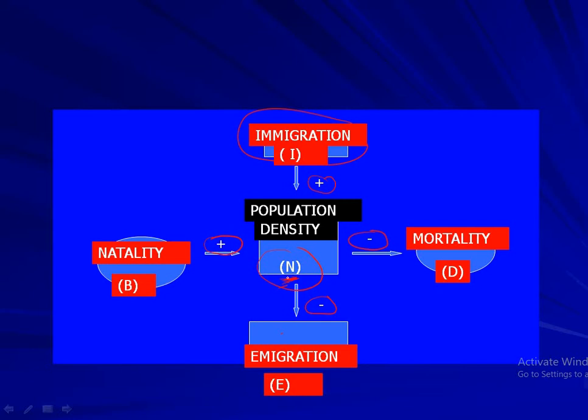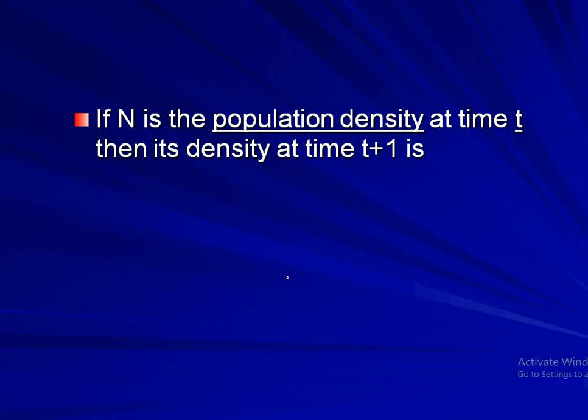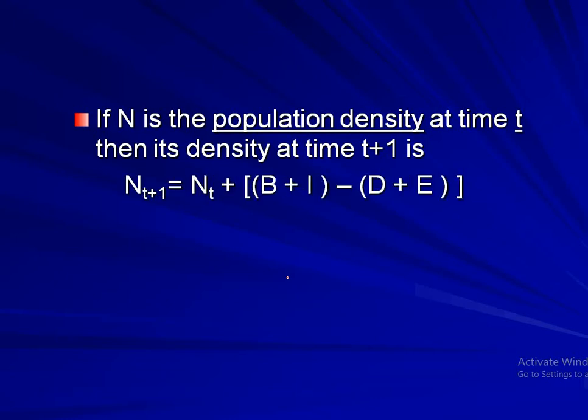So considering all these factors, can we say that at time t plus 1, the population density Nt plus 1 is equal to Nt? This is the population density at time t, and this is the population density at time t plus 1.